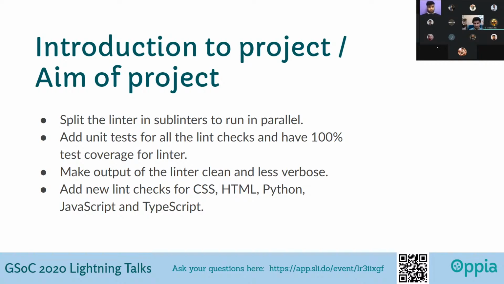Now we run all these separate modules with the help of the semaphore method, and this brings the running time of the linter down to 30 minutes from 1 hour and 30 minutes.